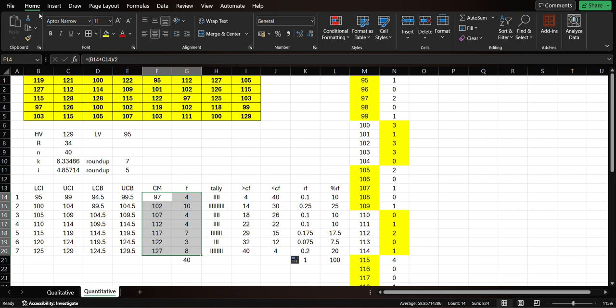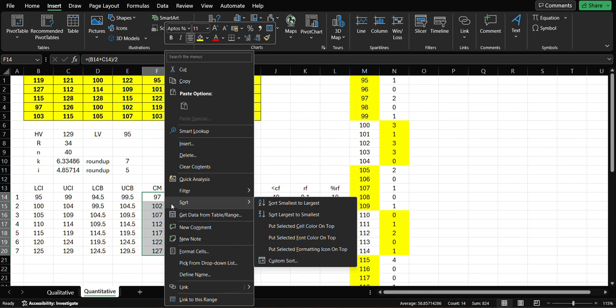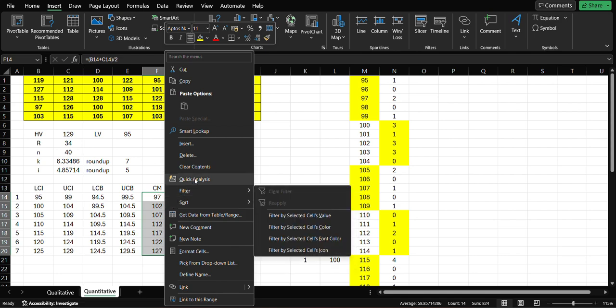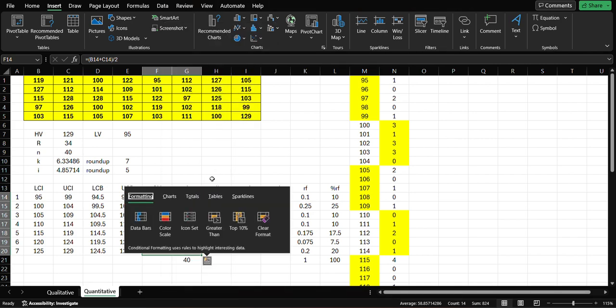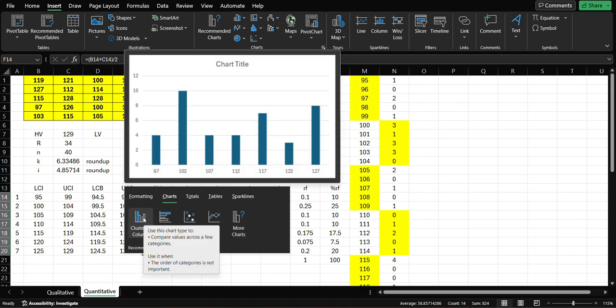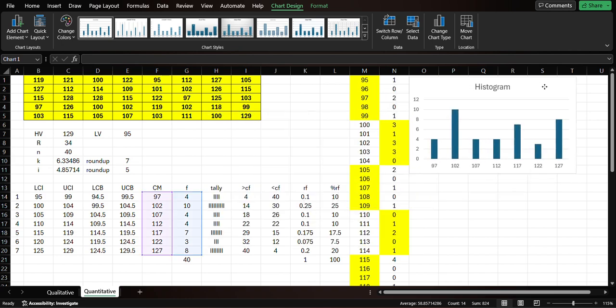Now, the last that we're going to do here is to graph it. And how are we going to graph it? You can go to insert if you want. What we're going to graph are three: histogram, frequency polygon, and ogive. You can go to insert here and pick your charts. For histogram, I can also select this, right click, and quick analysis.